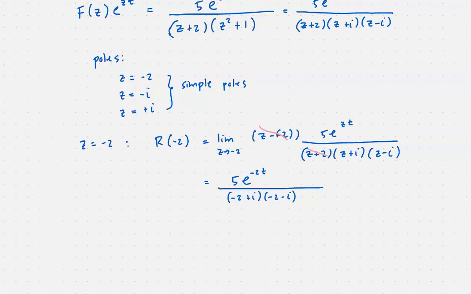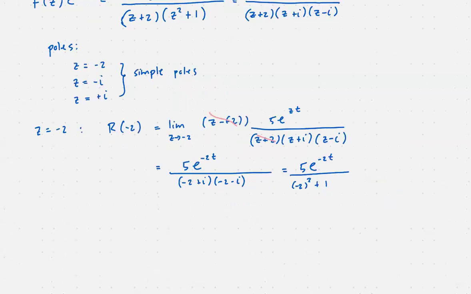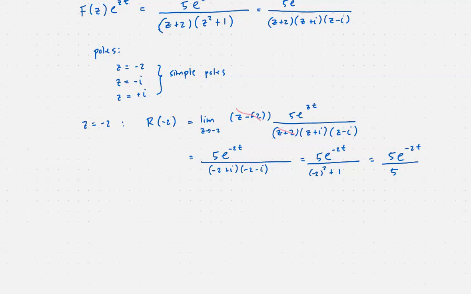So we can write it as 5e raised to -2t over (-2) squared plus 1, right? Which is just equal to 5e raised to -2t over 5, we have 4 plus 1. So finally, the residue at -2 is just e raised to -2t. So that is for the first one.